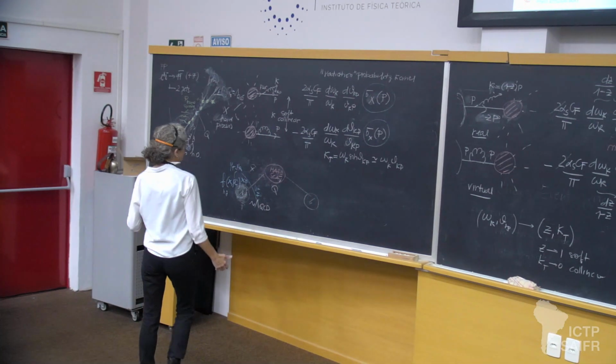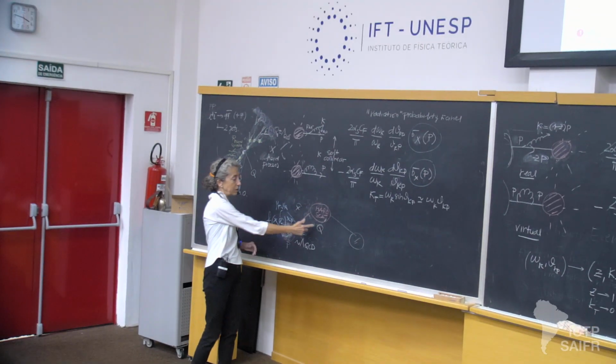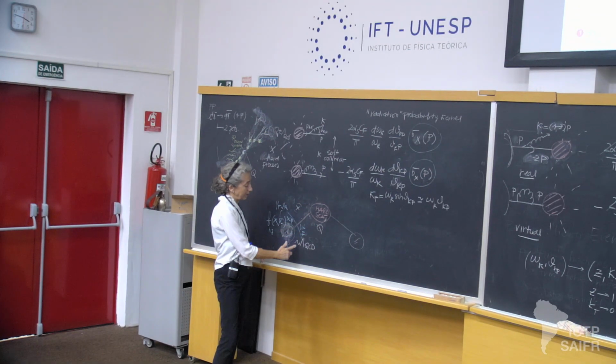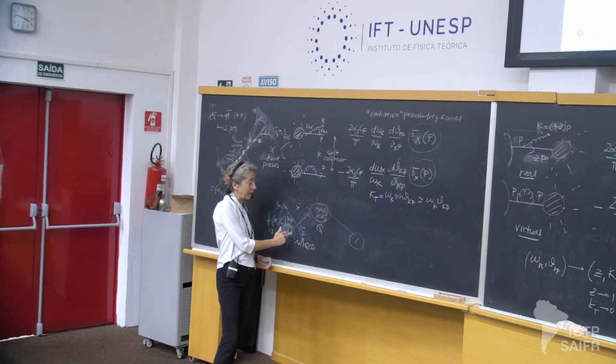It's bigger than Q0, so it's bigger than lambda QCD. It can go down to lambda QCD if you want. It's smaller than the hard scale Q. It's a scale between the binding scale and the hard scattering, but it can move.